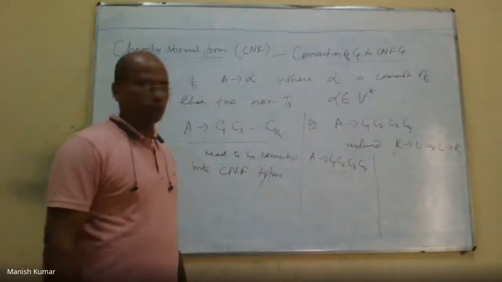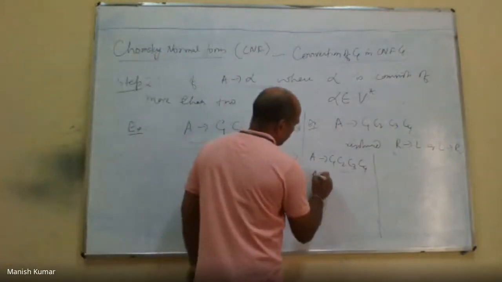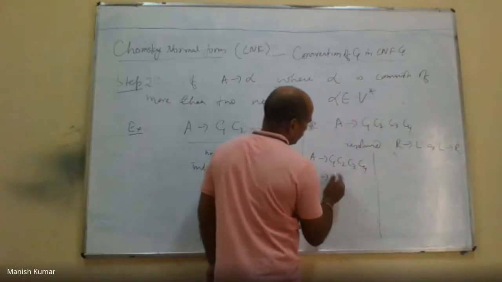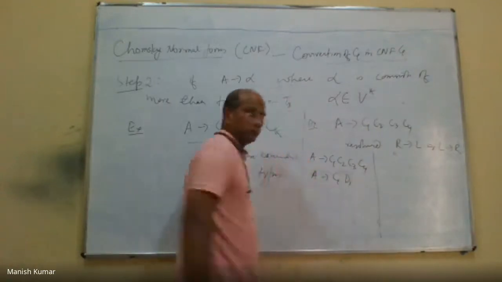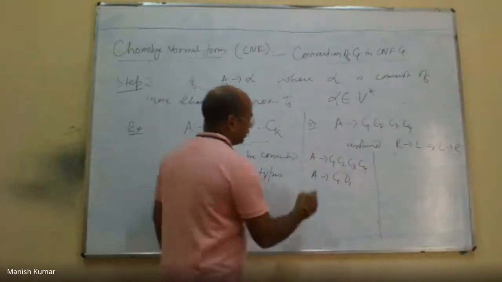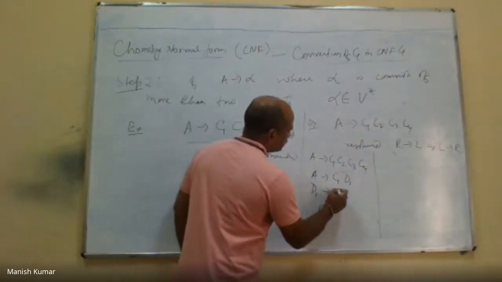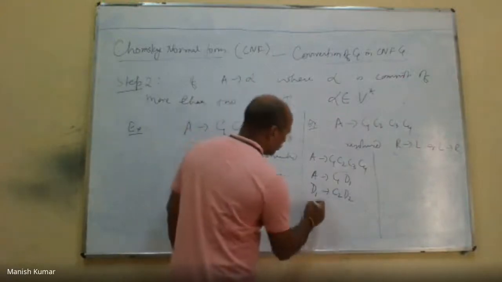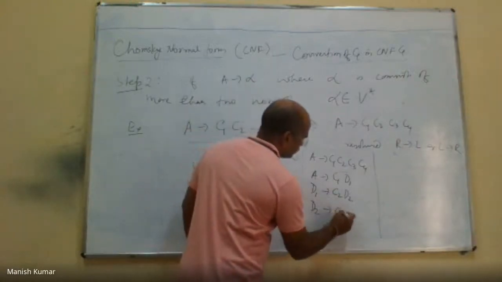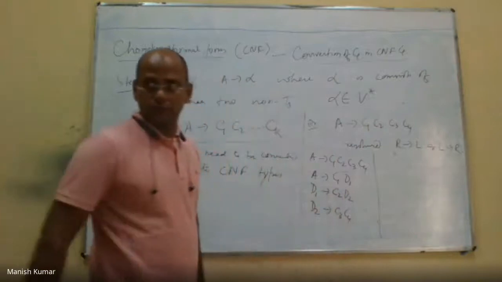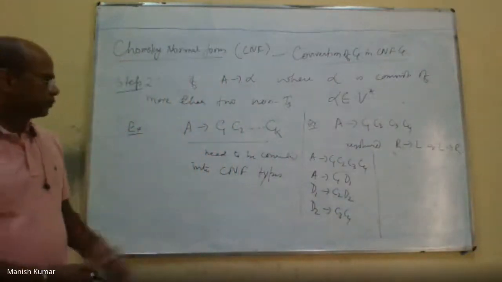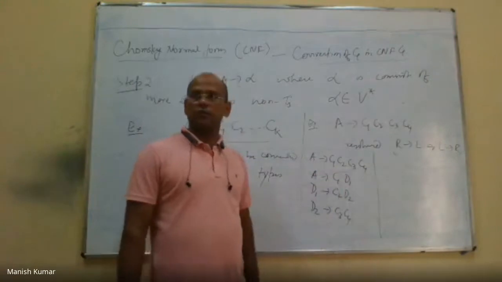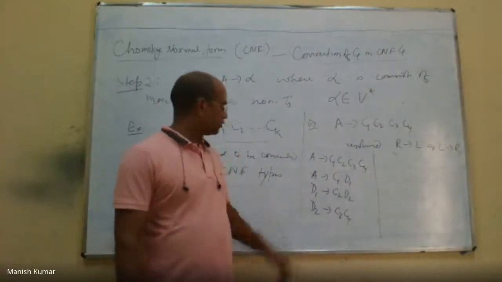I can write A is C1, D1. Then D1 is C2, D2. Now D2 is C3, C4. That's it. So in place of this, you can generate this. Fine, this is one.